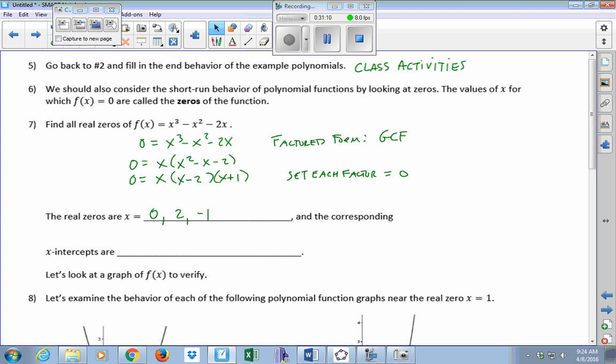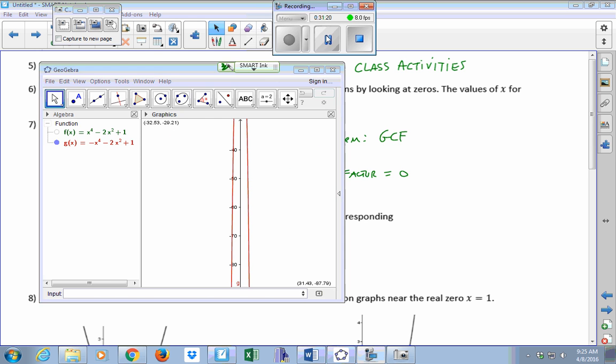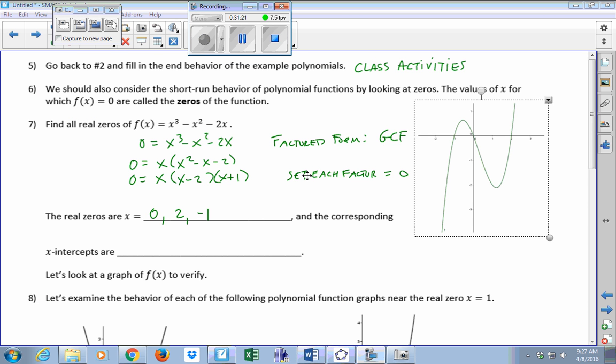All right, so the zeros of this polynomial are 0, 2, and -1, which means if you graph that polynomial, let's pull out GeoGebra once again. Notice these zeros, x equals. In MyMathLab, whenever you solve an equation, they call it a solution set.